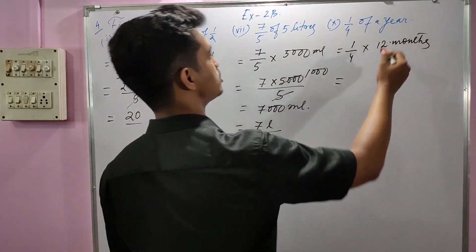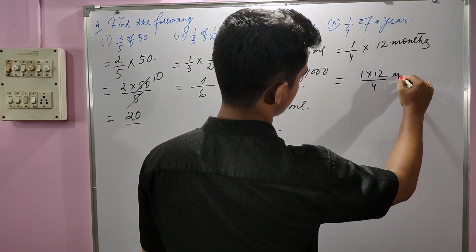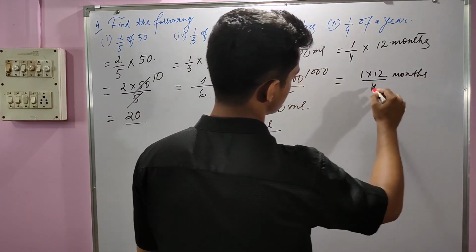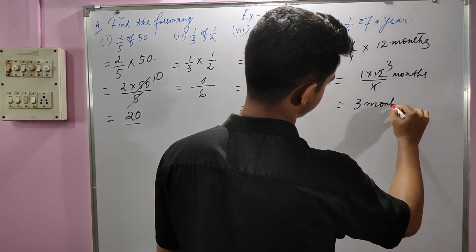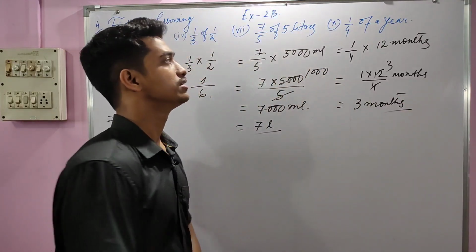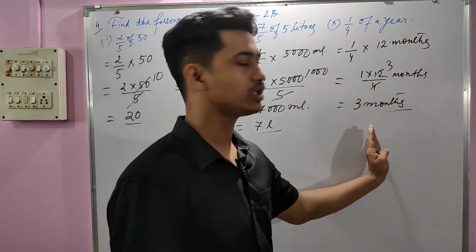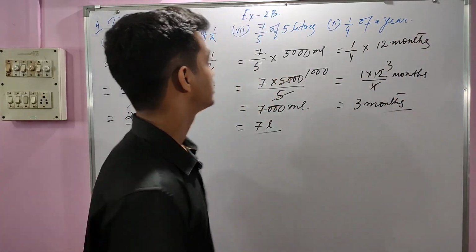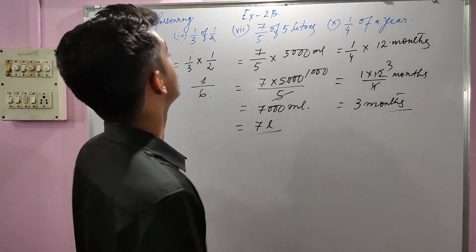So 1 by 4 into 12 means what? 1 into 12 by 4 months basically, which is 3 months, right? So that means 1/4 of a year is actually denoting 3 months.